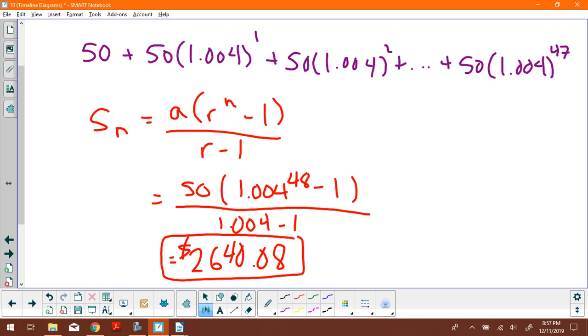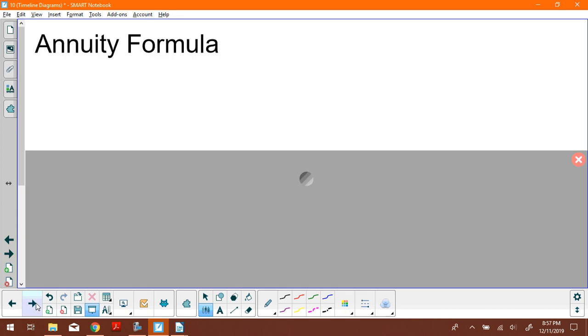Before we do 4 decades, we're just going to do a little sidebar here. Because this relied on the compound interest formula to start us off, we're going to put the two of those things together now. The annuity formula looks something like this. I have FV, which is my future value, equals PMT, my payment, times, what's my r?